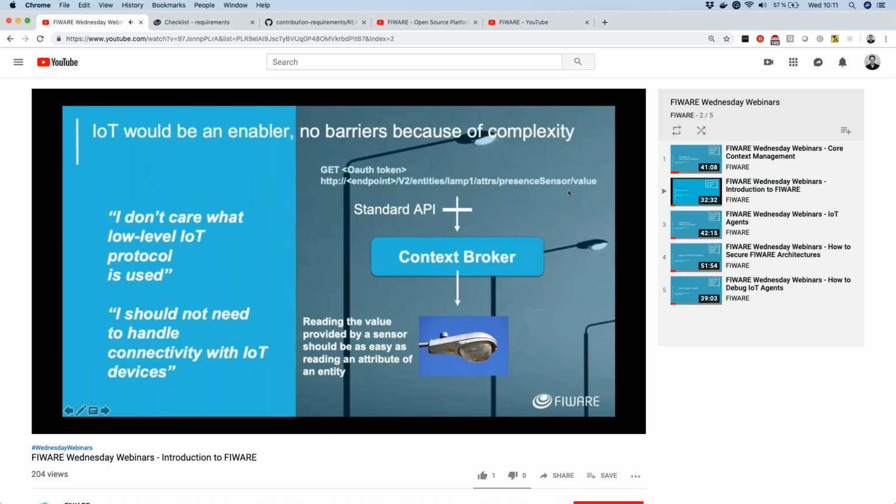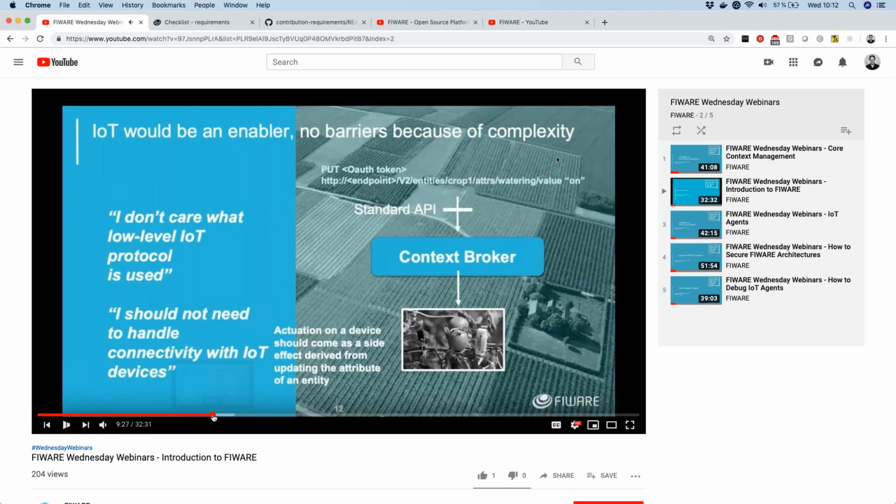It's a simple example of how to check the value of a sensor, a lamp in this particular case, but it's trying to give it in a fashion that people understand what the point of all this is, keeping it as simple as possible. Moving on to the actual receiving point, the alternative to getting values is putting values, obviously.